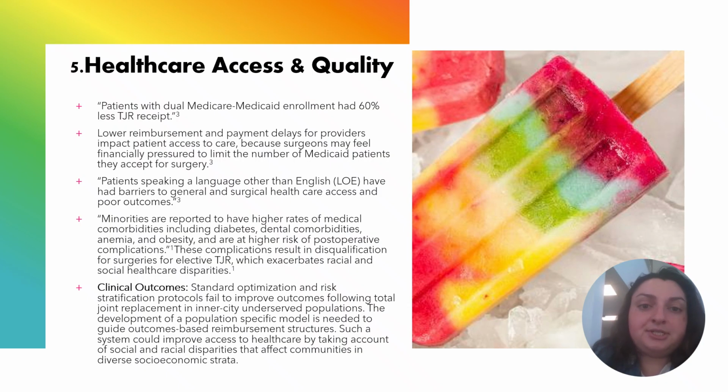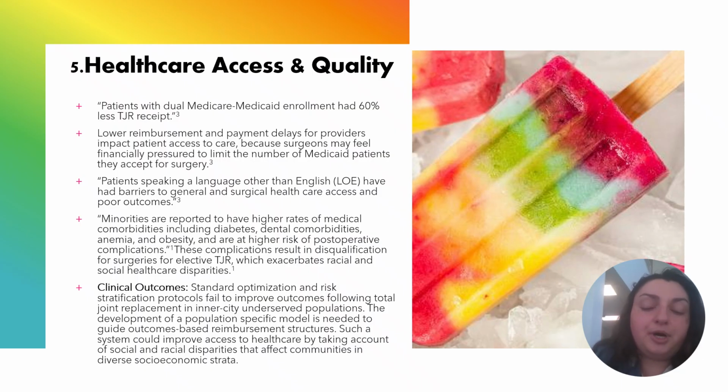So one particular study tried to implement this kind of quality initiative in an optimization procedure as a method to screen patients for eligibility. But they found in their study that standard optimization failed to improve outcomes for inner city and underserved populations.